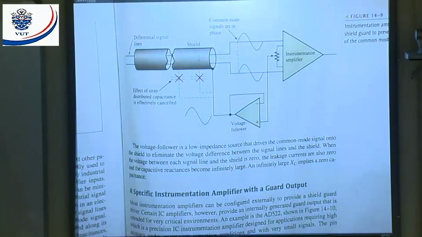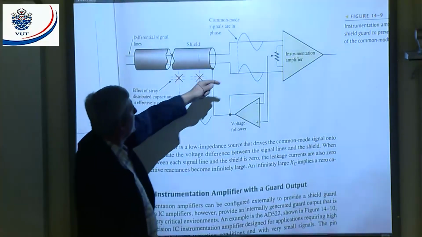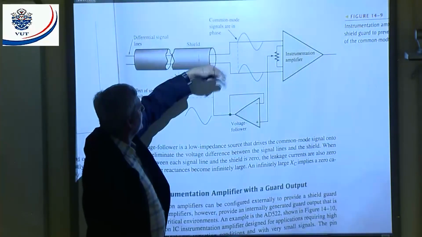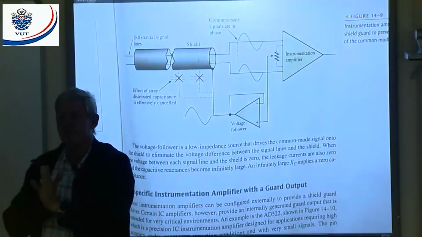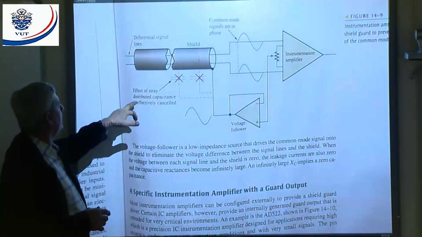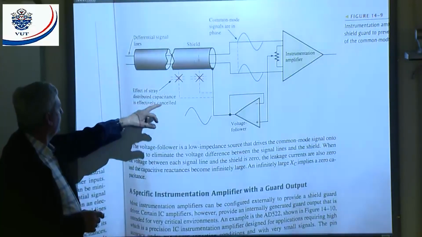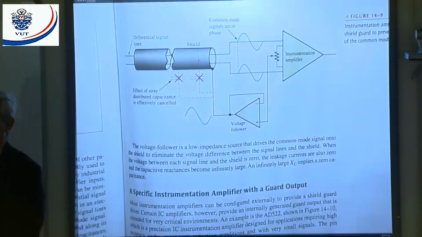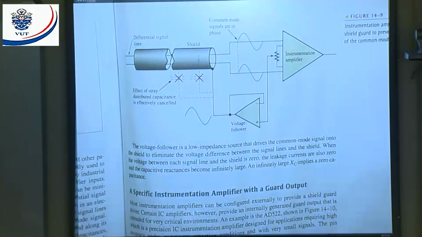Now, we put a voltage follower in here, and we make it adjustable, and by doing that, we can get these common mode signals 100% in phase, all right? And that's why they say effect of stray capacitance is effectively cancelled, and we can cancel it out. Then we will have complete common mode rejection. All right. You with me?